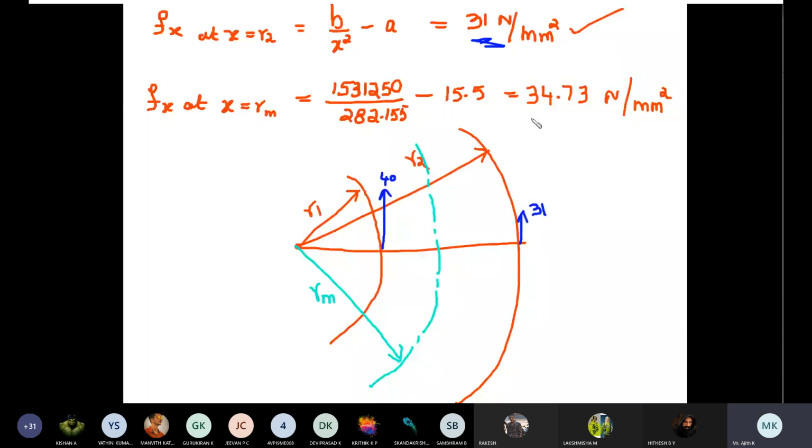Connect them using a curve, and the value of fx at the middle surface is 34.7 Newton per mm square. You have to write the unit also. So all the units should be Newton per mm square.